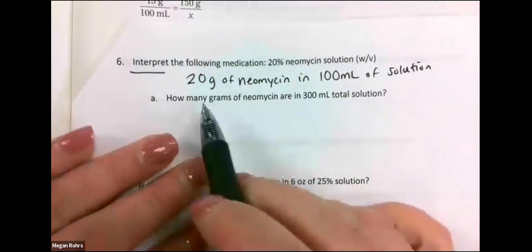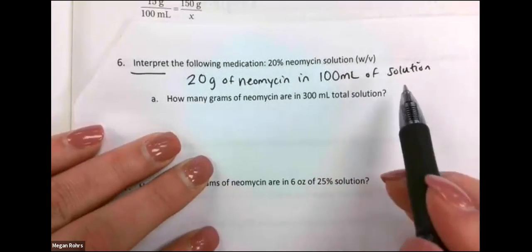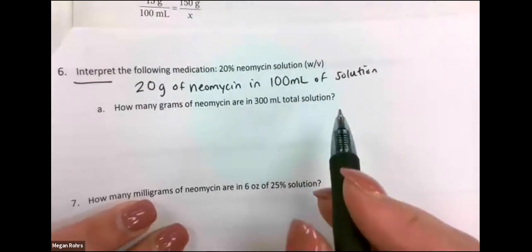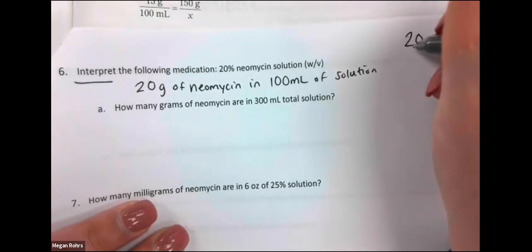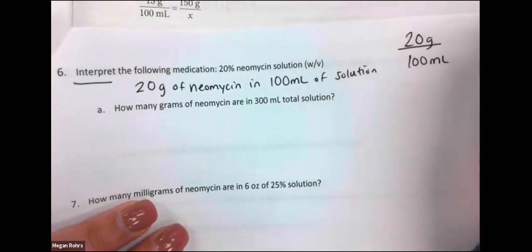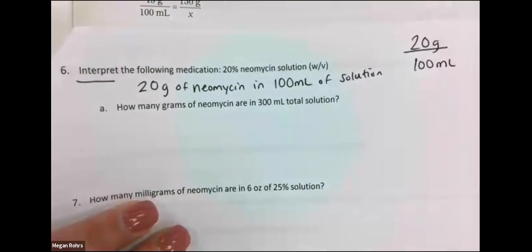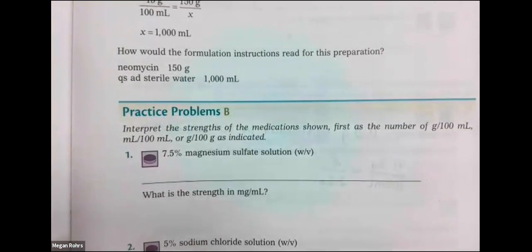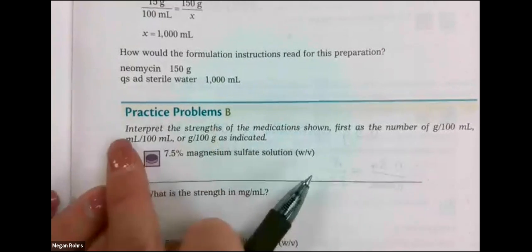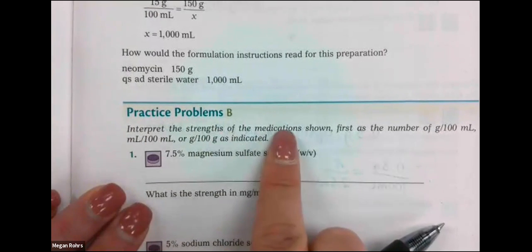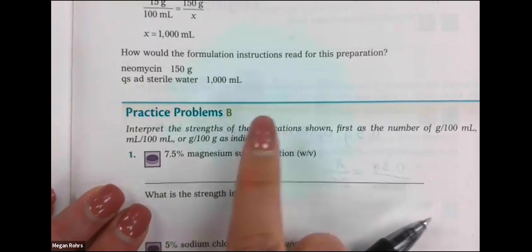So we're basically just writing this out in words rather than in a fraction like we would, 20 grams over 100 mils. So I just want you to write that out in words here. And I want you to do that on practice problems B when it says interpret the strengths of the medications shown.